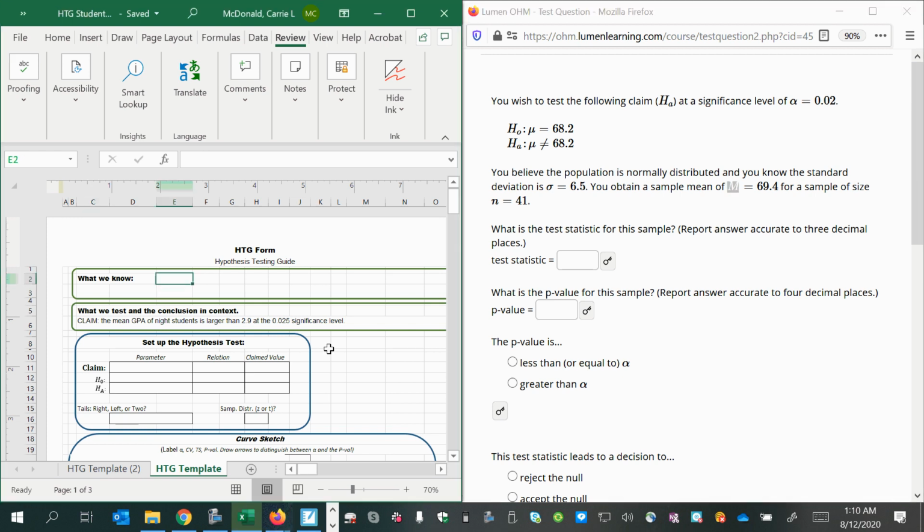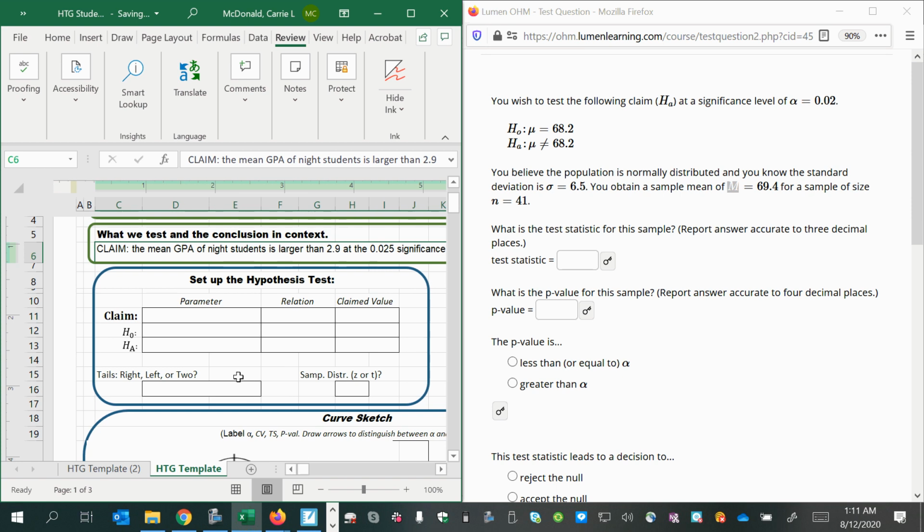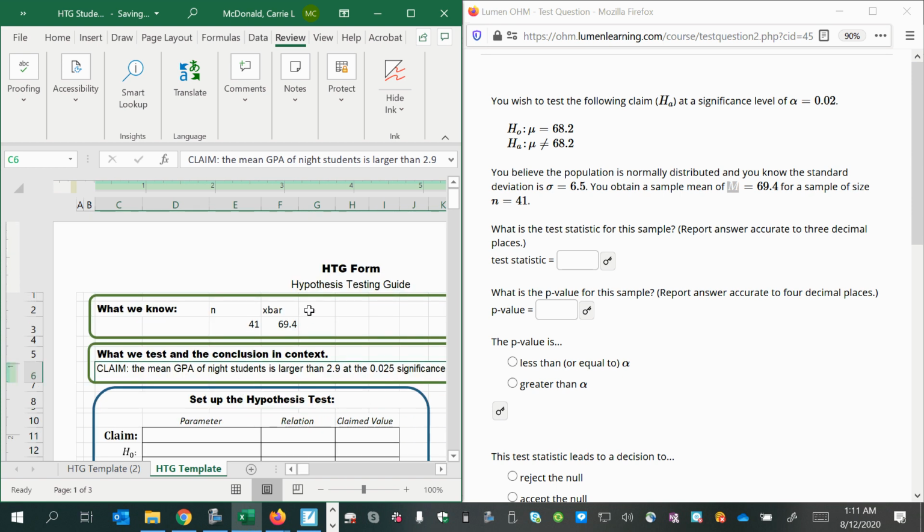We have the sample mean for a sample of size n equals 41, a sample mean X bar is 69.4. Zoomed in a little bit here and make it easier for you to see. Your sigma, the population standard deviation, is 6.5.